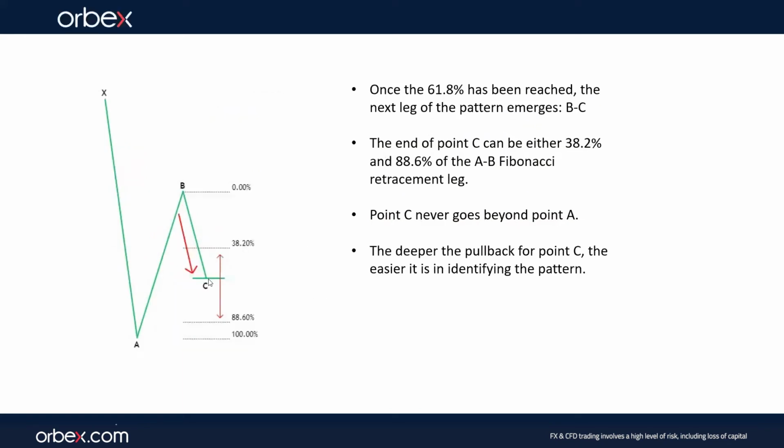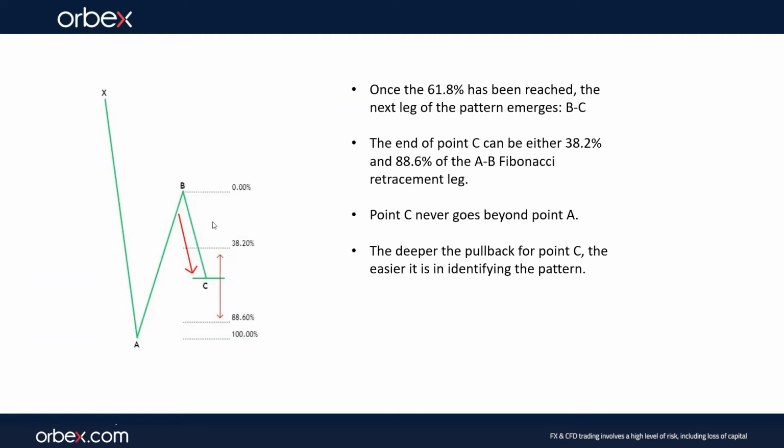Now, B to C is quite interesting, because X to A has been developed and B has been confirmed, so now we can put a Fibonacci retracement from A to B. We pull the Fibonacci retracement from A all the way up to B. Once the 61.8% has been reached, the next leg of the pattern emerges, B to C. The endpoint of C can fall between 38.2% and 88.6% of this retracement leg.